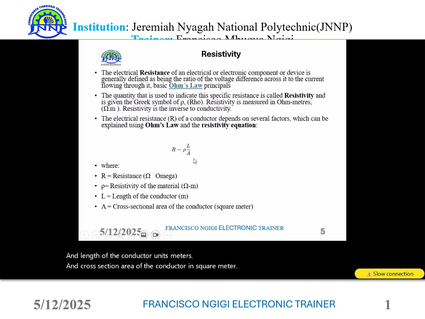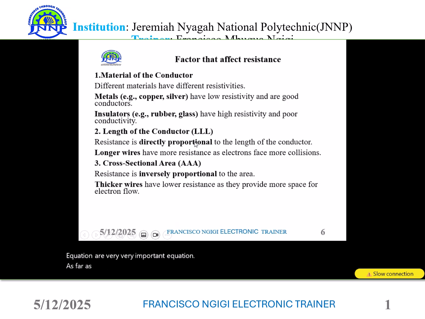This relation is called the resistivity equation, a very, very important equation as far as resistivity is concerned. Okay, let's continue.